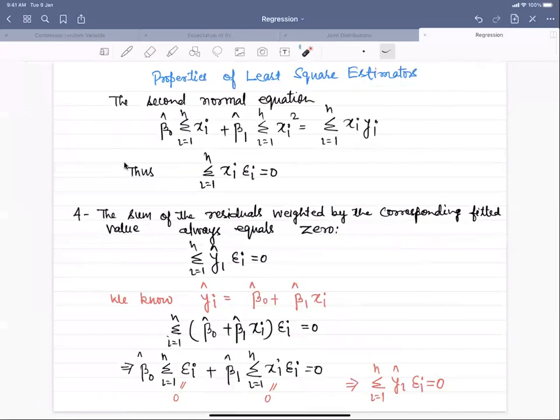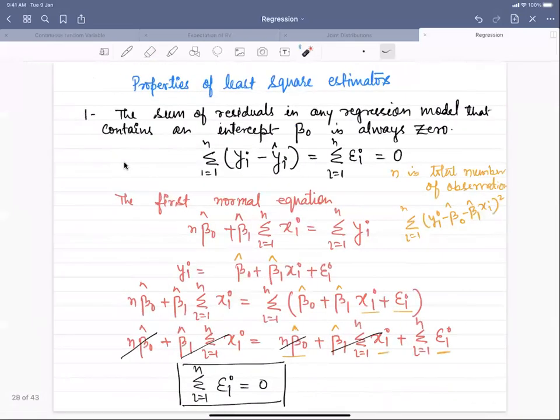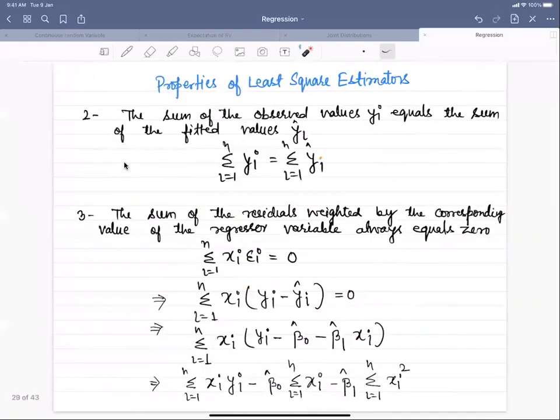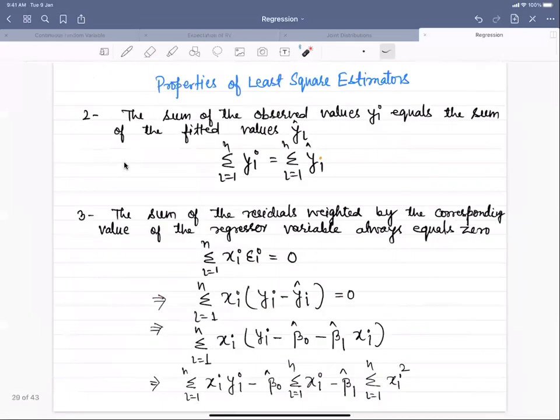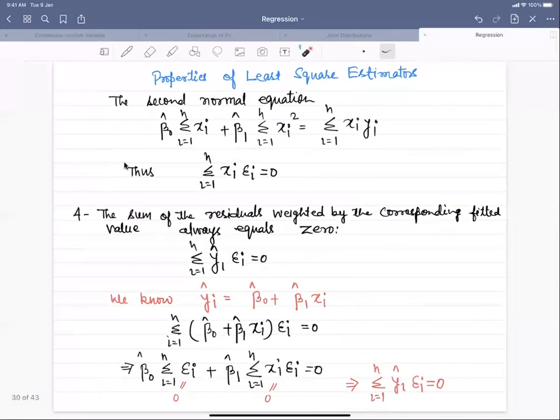And from the second normal equation, when we differentiated this equation with respect to beta 1 cap and then put it equal to 0, what we got was this equation, right? This we already had from the second normal equation. And you can see here also that summation xi yi minus beta naught cap summation over i=1 to n xi minus beta 1 cap summation over i=1 to n xi square is essentially this thing, right?